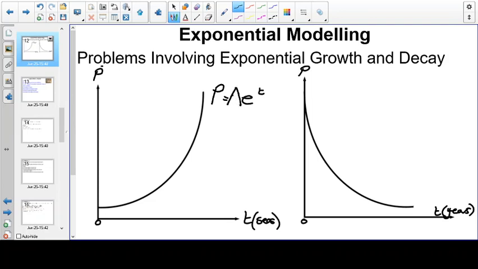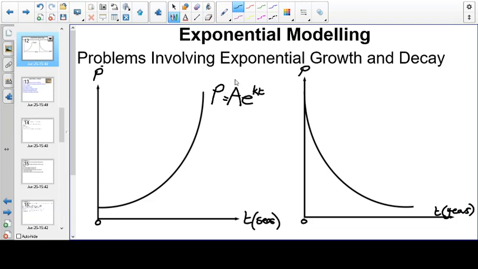There might be a letter representing some sort of vertical stretch, and we tend to use capital letter A. There might be a letter representing some sort of horizontal stretch, and we use a lowercase k.